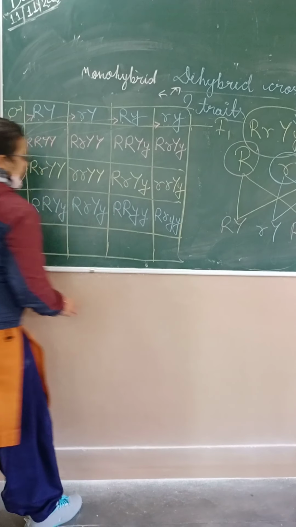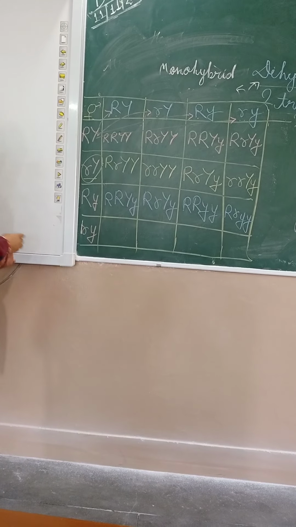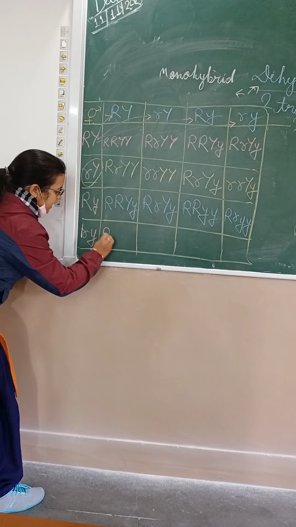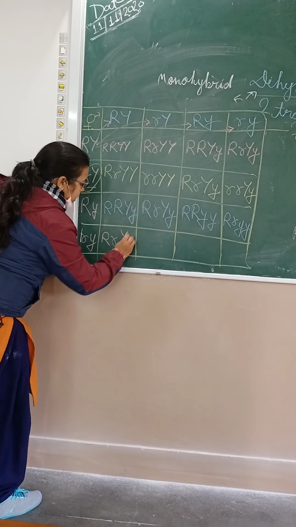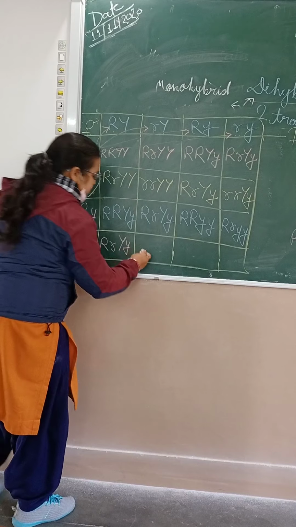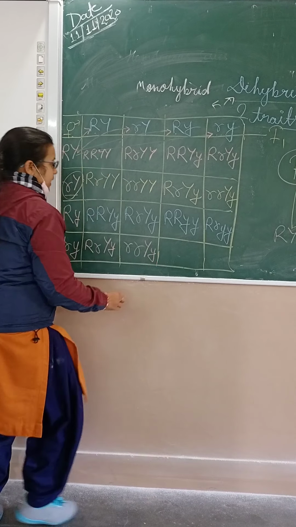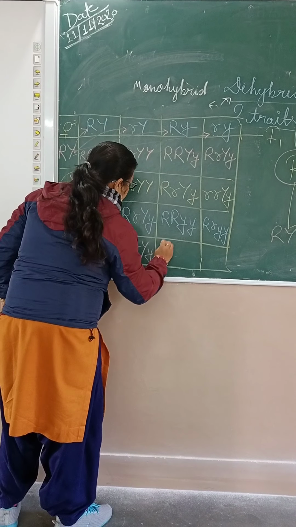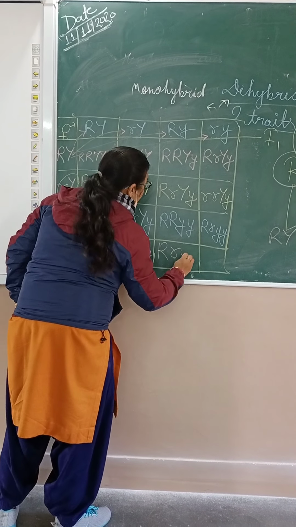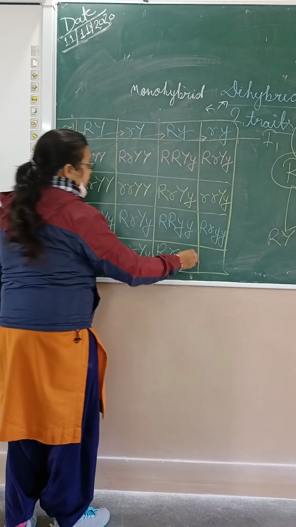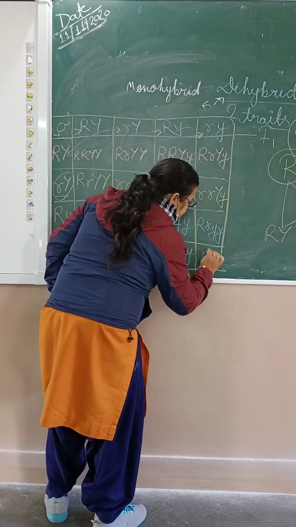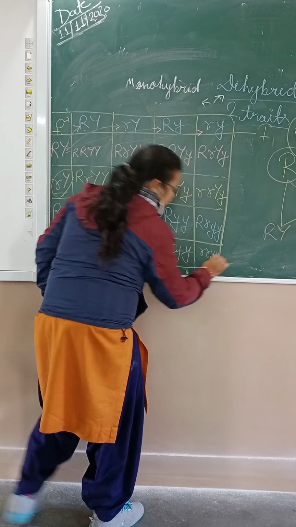And in the last row, what will come? Capital R, small r, capital Y, small y. Second box, small r, capital Y, small y. Then capital R, small y, and at last small r, small y, small y.